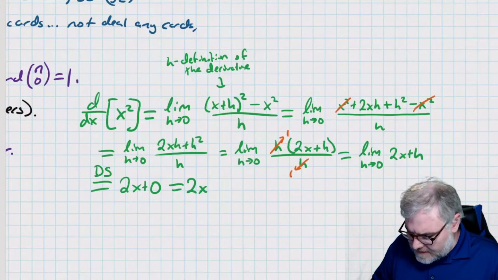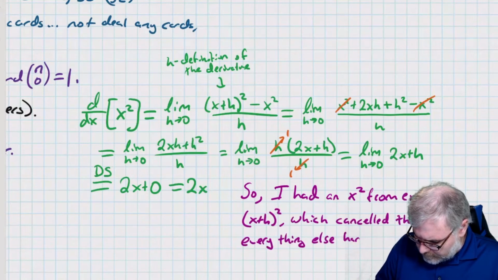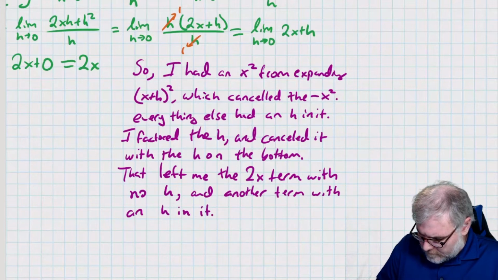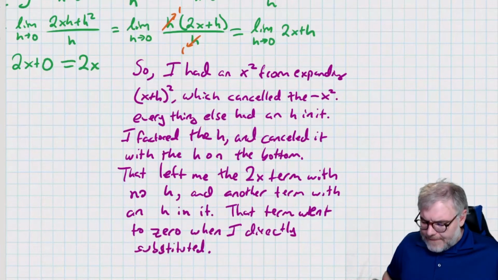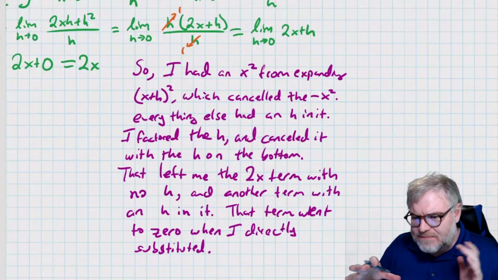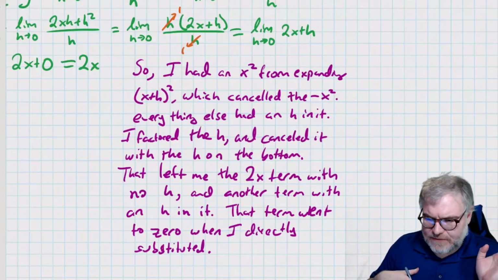So let's say that again. When I expanded the x plus h, I got an x squared term that canceled the negative x squared.